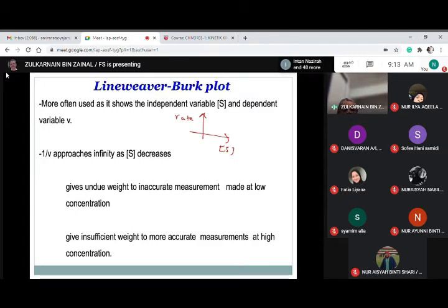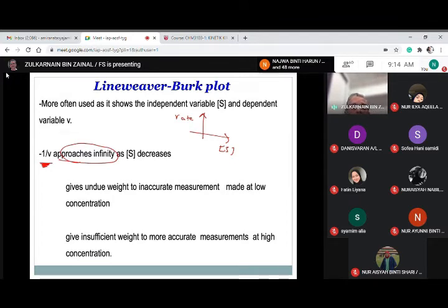As you can see from the graph, this is 1 over V. If you move backward to low concentration, what you'll find is that 1 over V approaches infinity as the concentration of the substrate approaches 0.